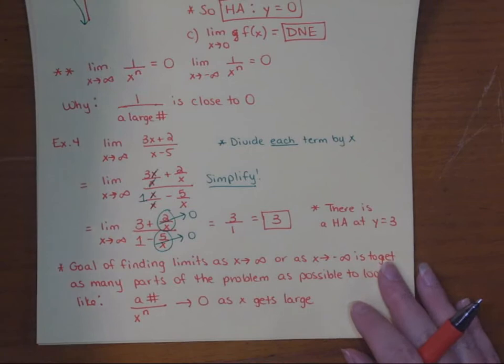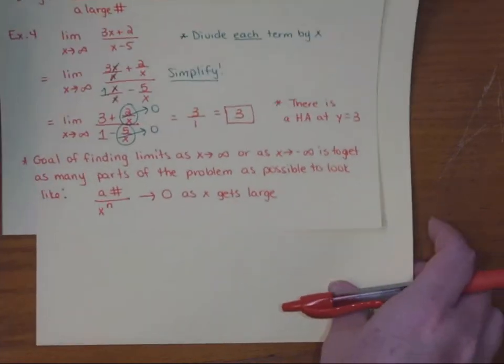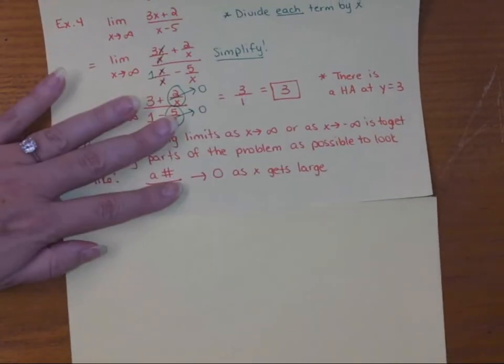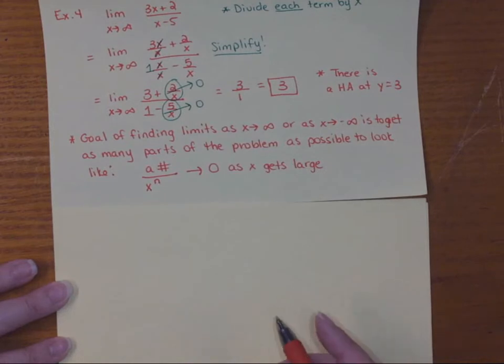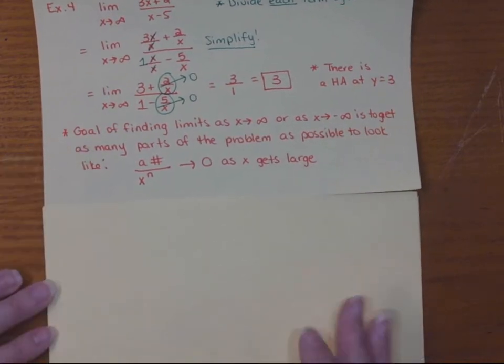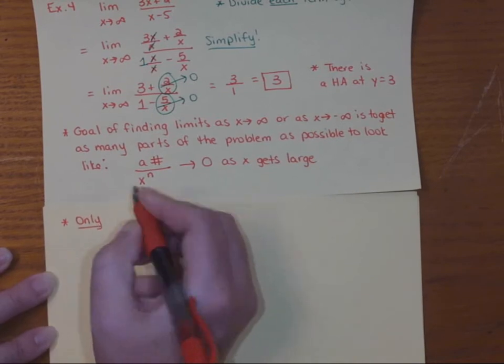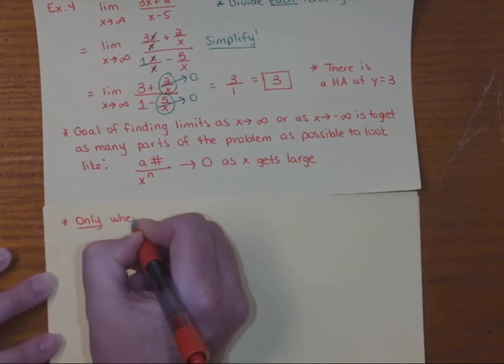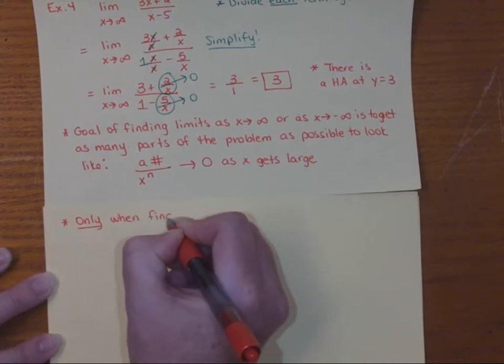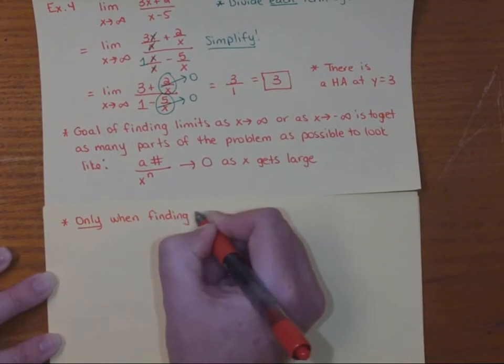What I often have students forget is they try to do the old problems that we talked about in 10.1 with this method, and you can't. So let me just specify that. This method is only for finding limits as x goes to infinity or negative infinity.